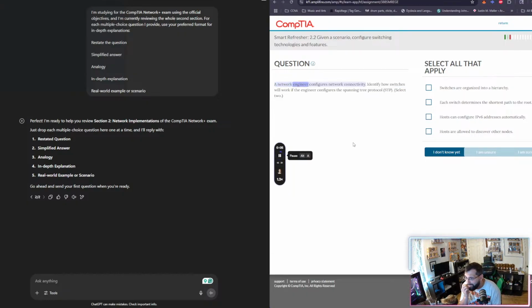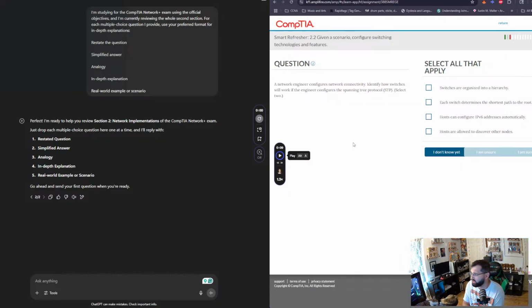A network engineer configures network connectivity. Identify how switches will work if the engineer configures the spanning tree protocol, STP. Switches are organized into a hierarchy. Each switch determines the shortest path to the root.